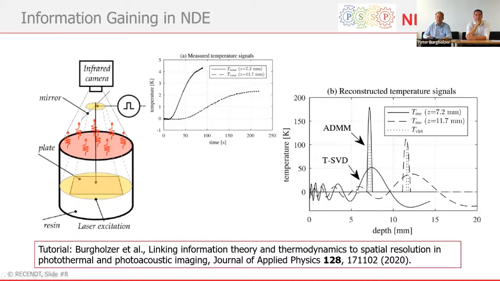The first one is an ordinary method called truncated singular value decomposition, and the other method is a more advanced method where you use also additional information like sparsity, that you only have a small layer, and in the cross section, it's just a peak, and you see that you get a much better reconstruction with that.